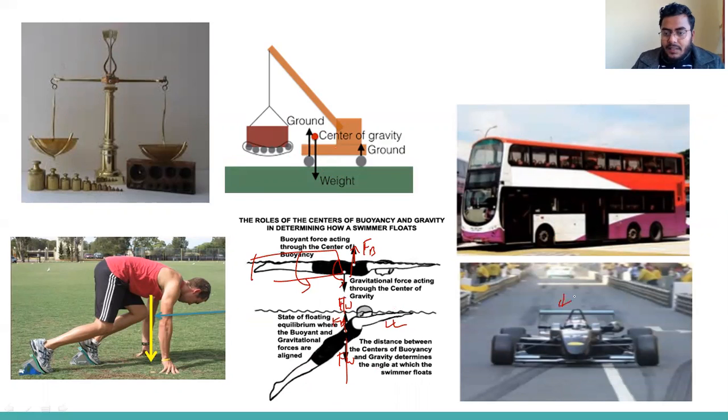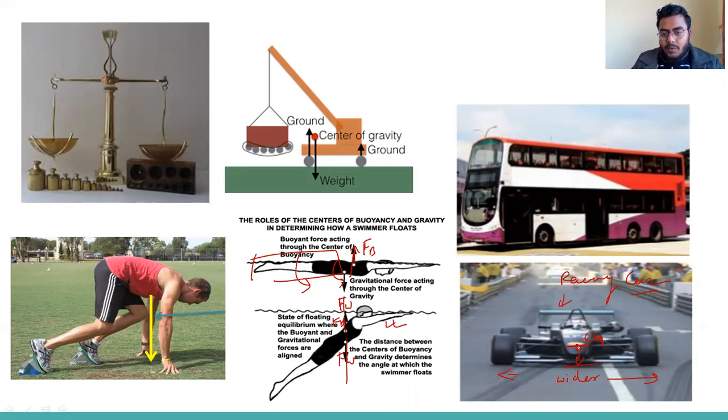In the racing car, this is the figure of a racing car. A racing car should go at higher speed. So what we are doing is keeping the wheels wider apart, and we keep the CG of this racing car as low as possible to the ground.